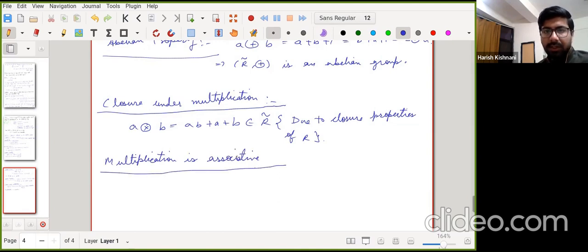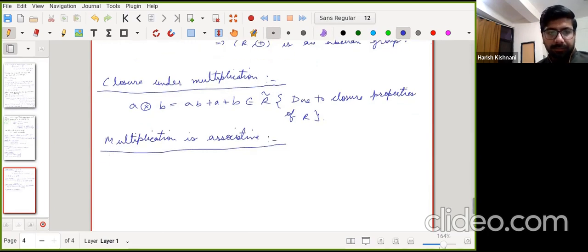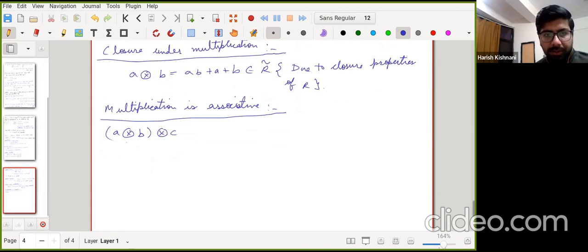If you have any doubt, then just let me know. Okay. So what we are doing, we are multiplying A with B, and then we will multiply it with C. So what we are going to get here is AB plus A plus B, and we are going to multiply it with C.